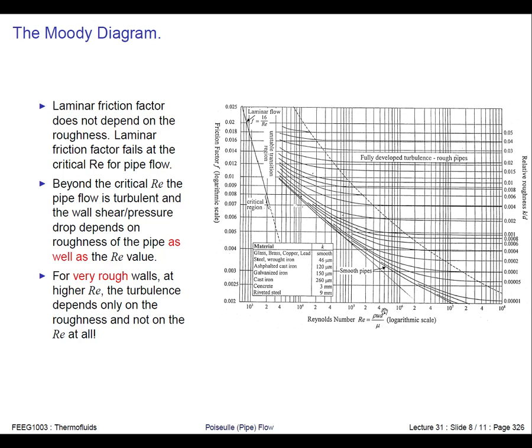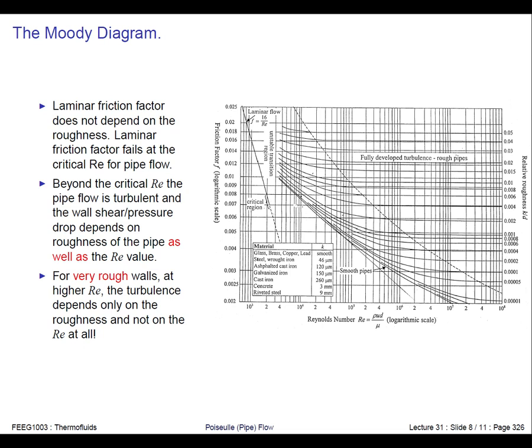On the x-axis we've got the Reynolds number, and it's plotted on a log plot. On the y-axis we've got the friction factor, which is this non-dimensional wall shear stress. If it's a laminar flow, so the Reynolds number is less than 2000 or so, then here's our laminar friction factor that we worked out, so we know where this comes from.